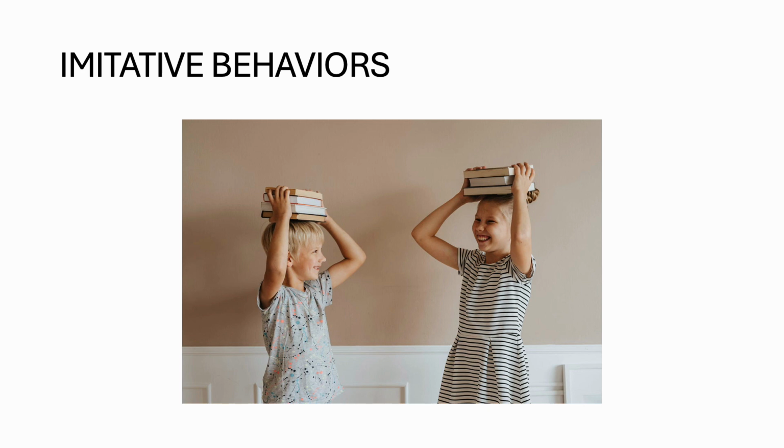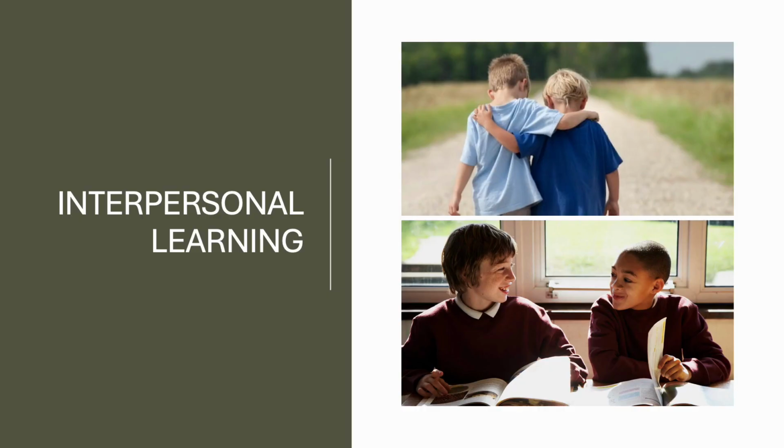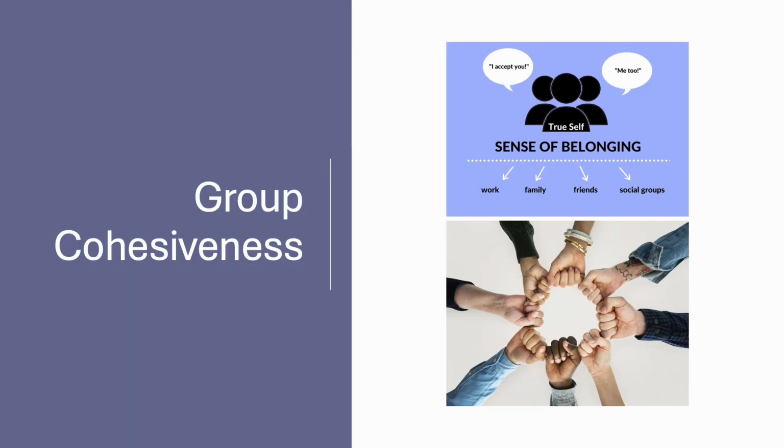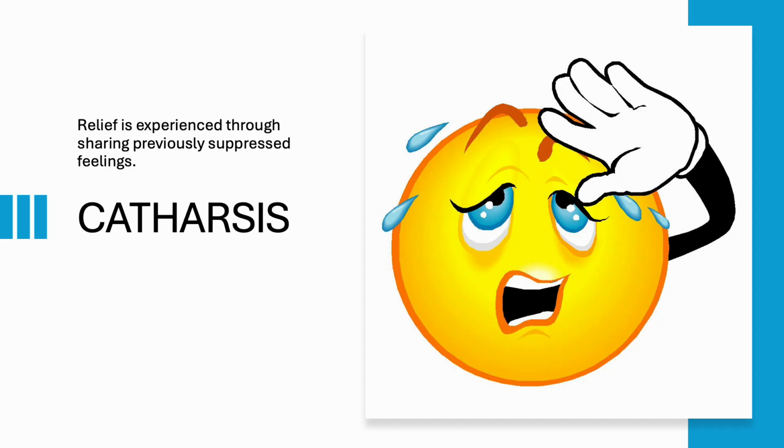Imitative behaviors. Our participants are able to increase their skills by imitating the behaviors of others. Interpersonal learning. Interacting with others increases adaptive interpersonal relationships. Group cohesiveness. Participants develop an attraction to the group and other members as well as a sense of belonging. Catharsis.